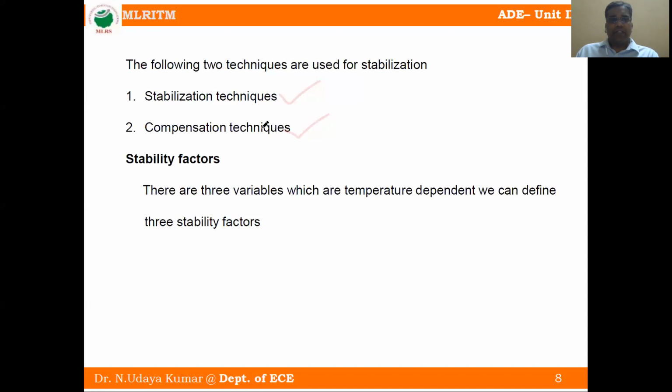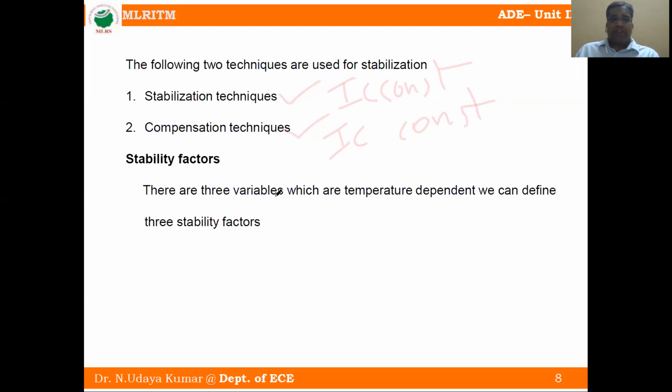So these are two different techniques, but in stabilization we have to maintain the IC constant, and here also, by using compensation techniques, we have to maintain the IC. Same purpose: IC is constant at the output side. Now, stability factor.